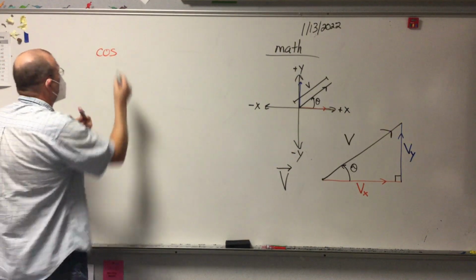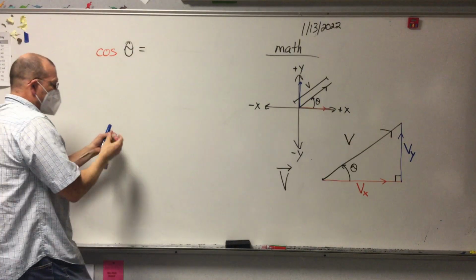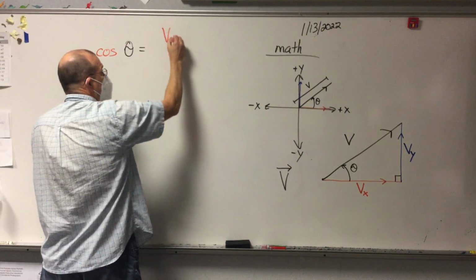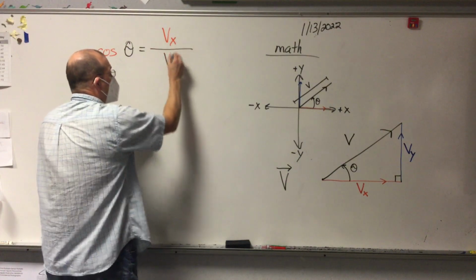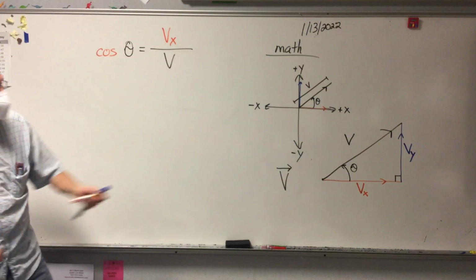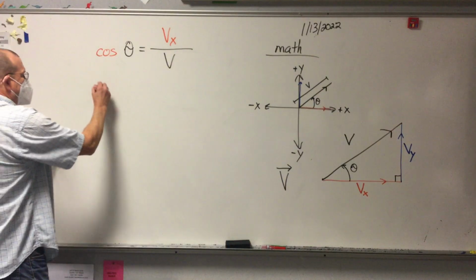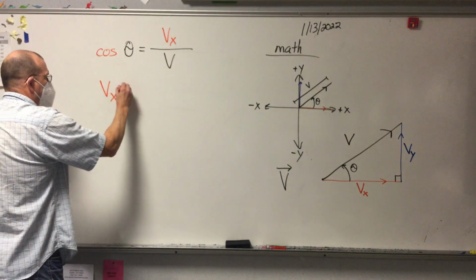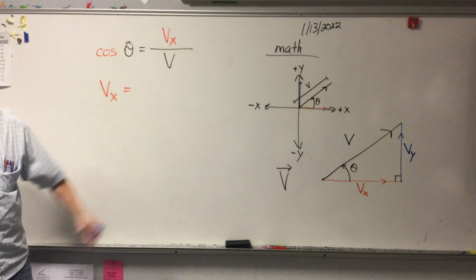We could say cosine of our angle equals our adjacent side over our hypotenuse. So in the end, when I say what I really want to know is what is Vx, and I'm going to do this all in orange now, what's on the other side?